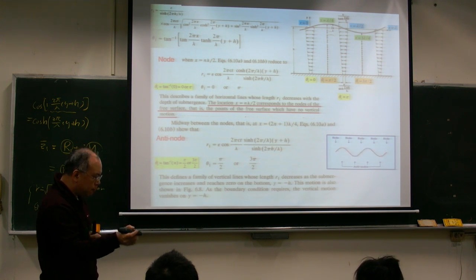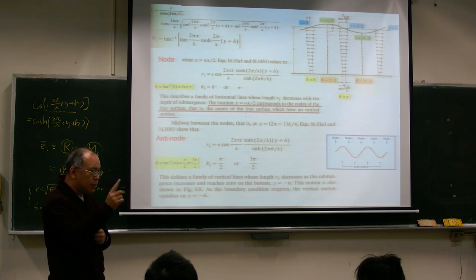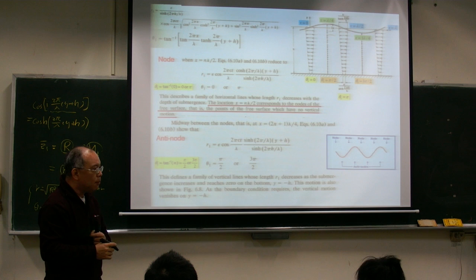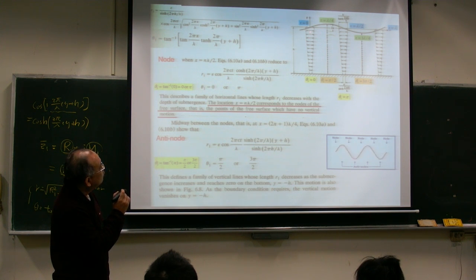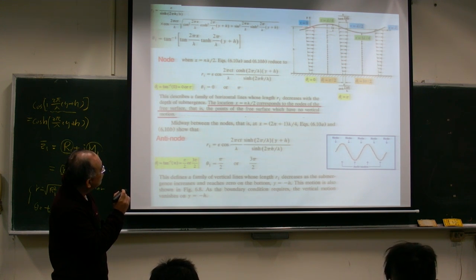What's the physical meaning? Theta 1 equals 0 or pi. That's our path line, right? The path line means at this location, it only moves with theta 1 equal to 0 or pi. That means they are moving horizontally. This is the 0 direction, this is the pi direction, so they will move back and forth like this.